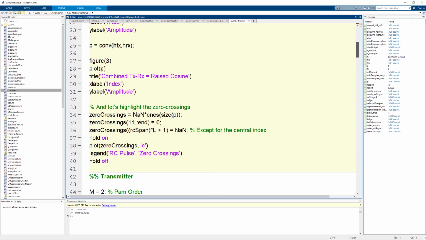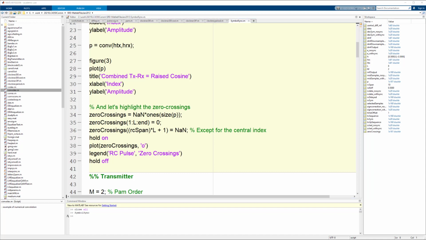Then on figure 3, we are going to plot the combined transmit and receive filter. This filter is a convolution between the transmit pulse-shaping filter and the receive matched filter, and that should be a raised cosine. We plot this with the amplitude. In addition, we want to highlight the zero crossings of the raised cosine.